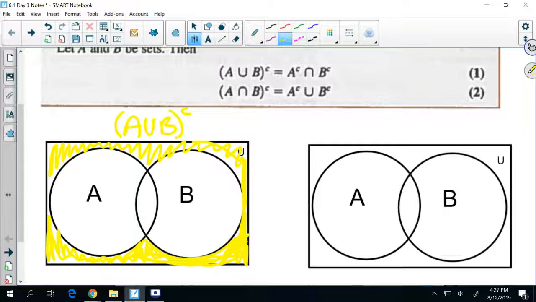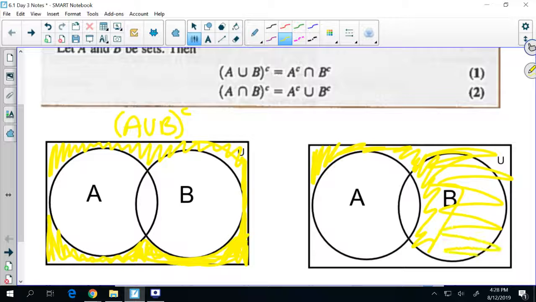So A complement would be, so I'm going to draw on this. Don't do this yet, okay? A complement would be everything but A. So I'm going to do this in different colors. So A complement would be all of this. Yes? B complement, I'm going to change colors here.